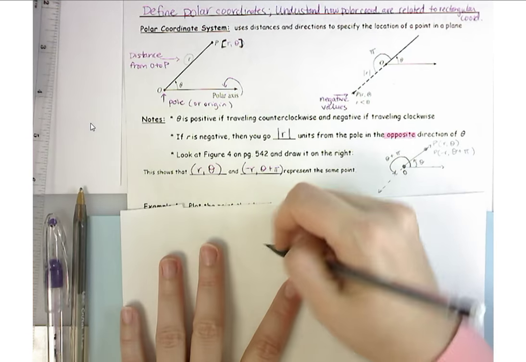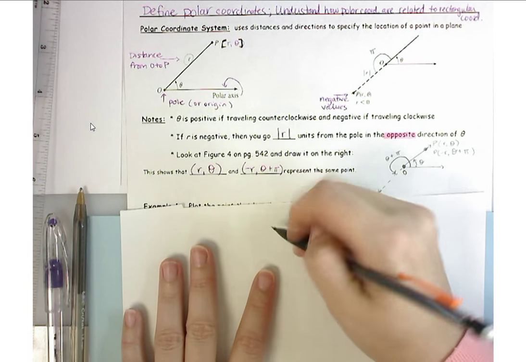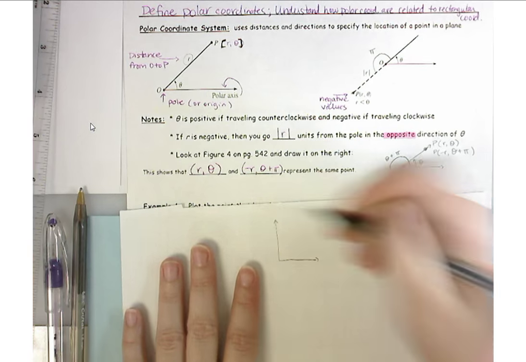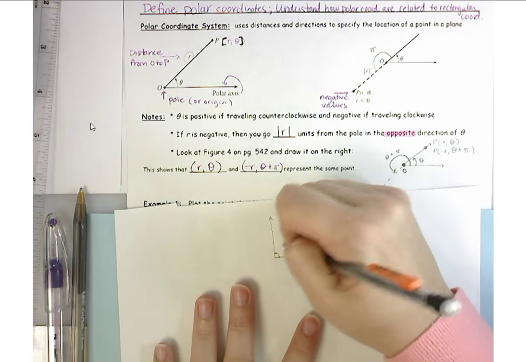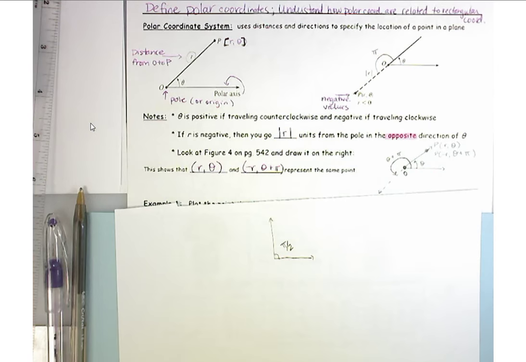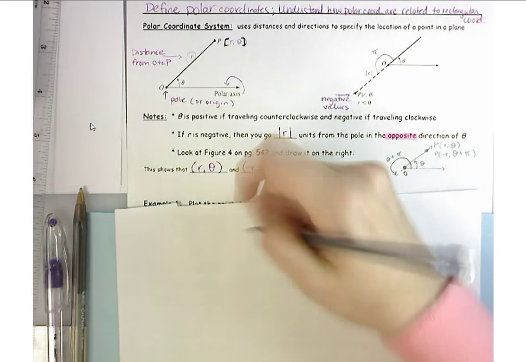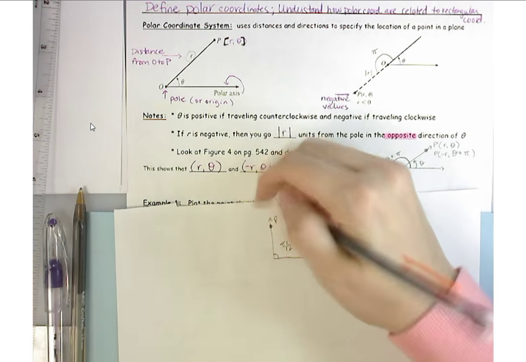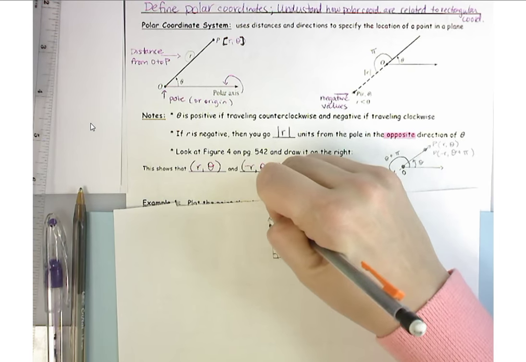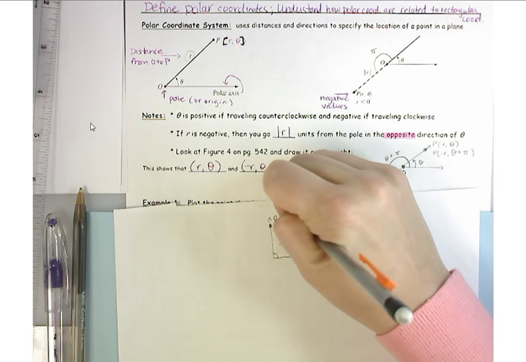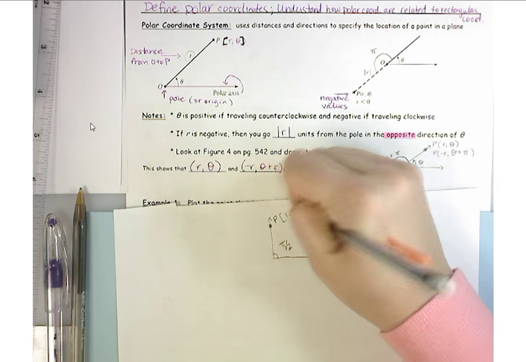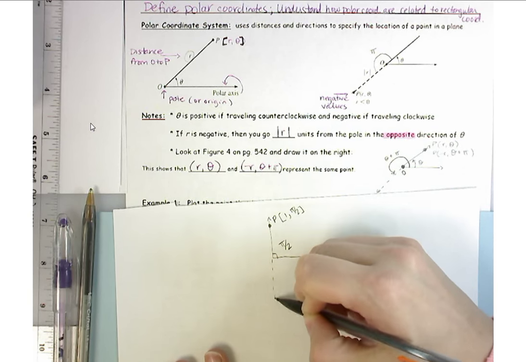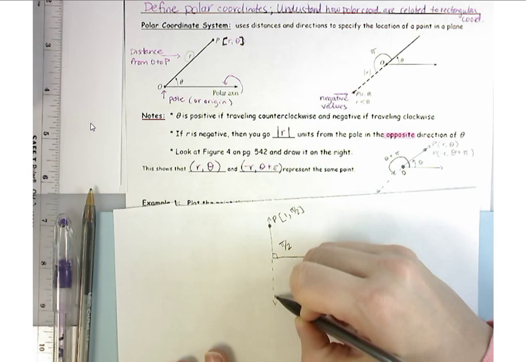So if you were going to graph pi over 2 for a given positive r value, pi over 2 is of course a 90-degree angle, right? Okay, so to graph this point P, your point P would be whatever your r value was. Let's say it was just 1. So 1, pi over 2. If your r value was negative, okay, it would be a reflection.